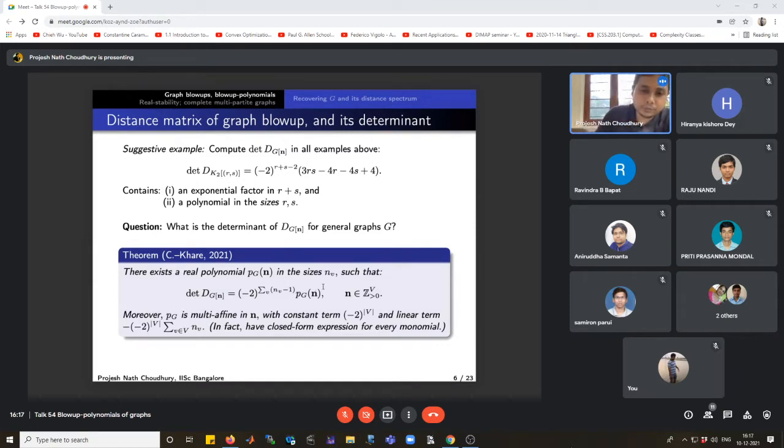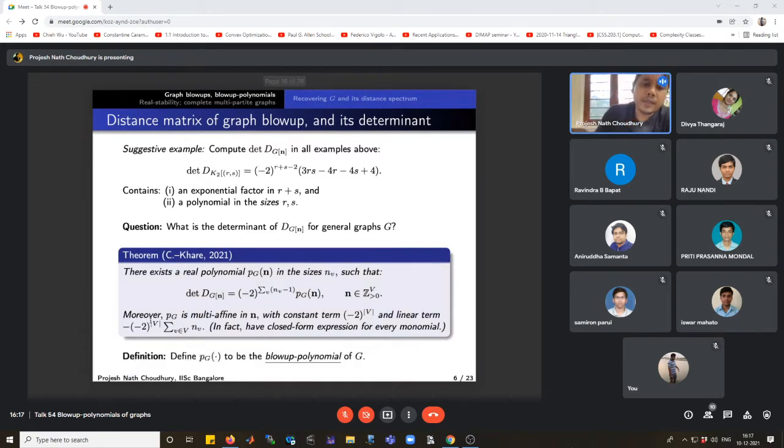This expression is true for all possible tuples of positive integers. Moreover, this real polynomial is multi-affine in n, with the constant term minus 2 raised to the number of vertices in the original graph and a linear term given by this expression. In fact, we have a closed-form expression for every single monomial.